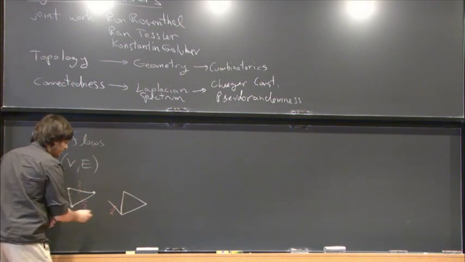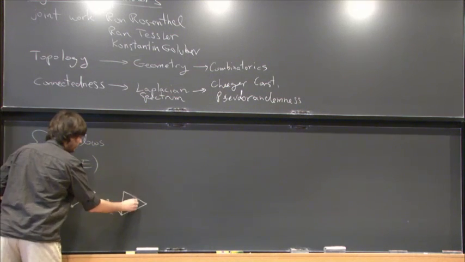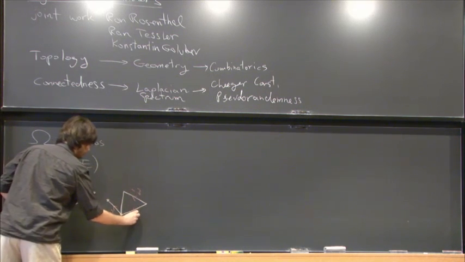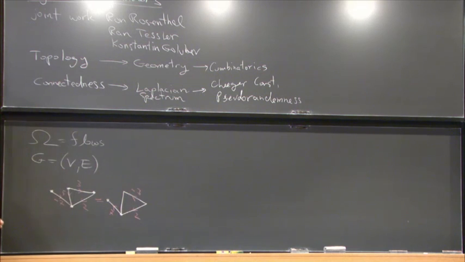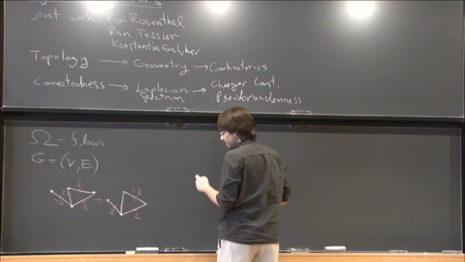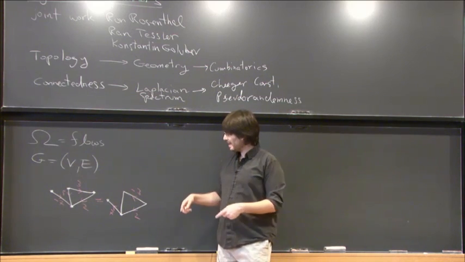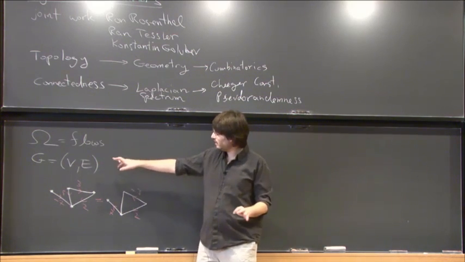And here you can put -3 and 2 again. So it's an assignment of values, but I can flip the direction and flip the sign. I should say, and I will say it many times during the lecture, I don't choose at any point a direction for the edges.